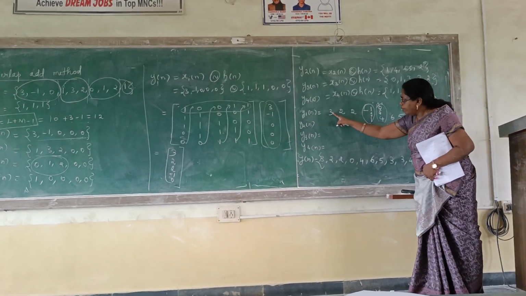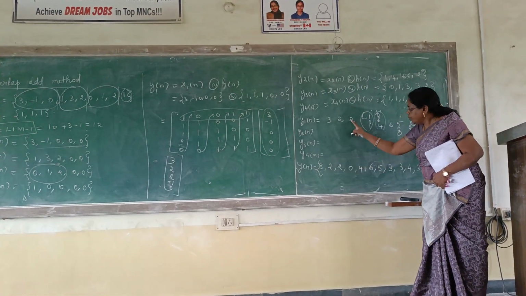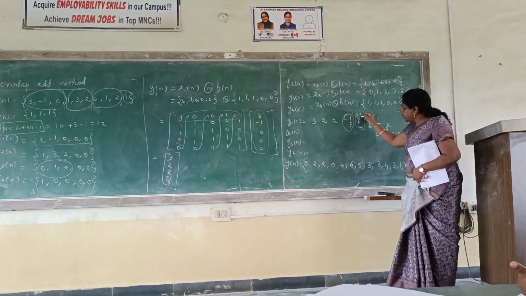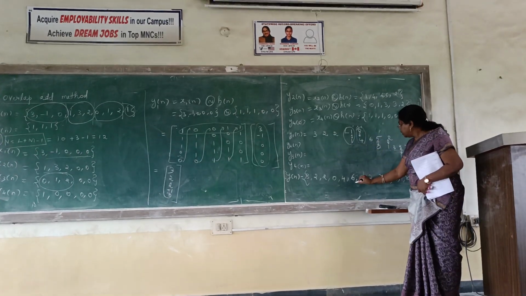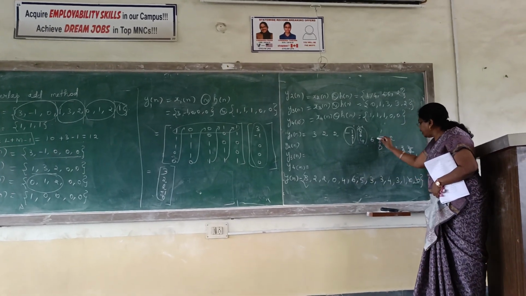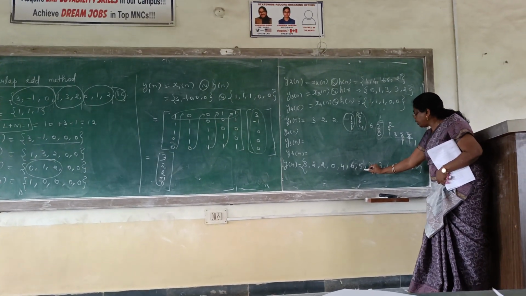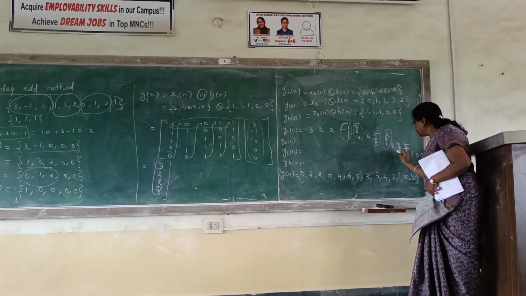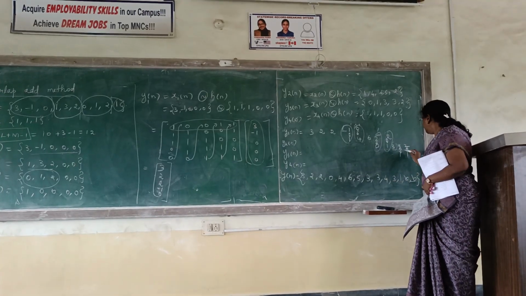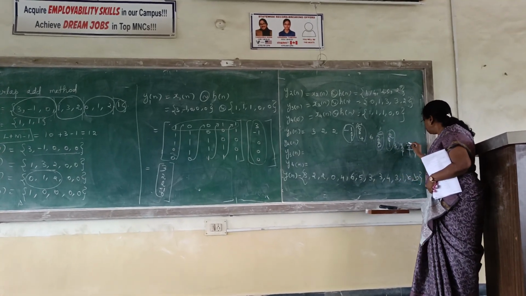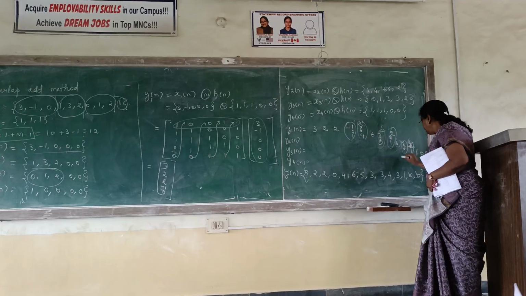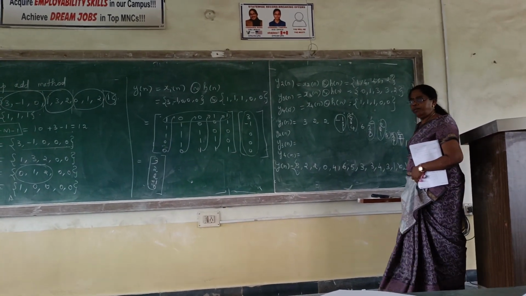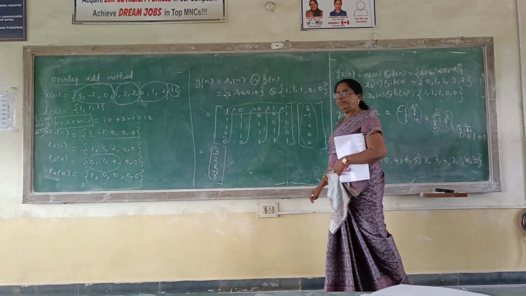So you write 3, 2, 2, and if you add, minus 1 plus 1 is 0, 0 plus 4 is 4, then 6, 5, then again you add these two: 5 plus 0 is 5, 2 plus 1 is 3, then 3, 3, 3 plus 1 is 4, 2 plus 1 is 3, 1 is there, then 2, 0 and 0. Is it clear?